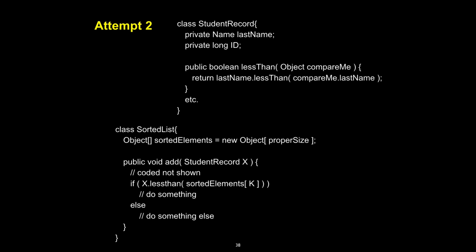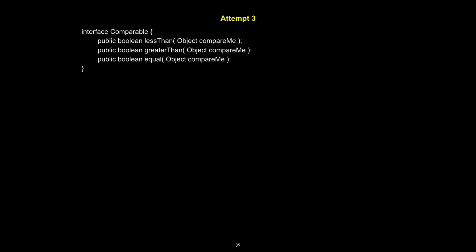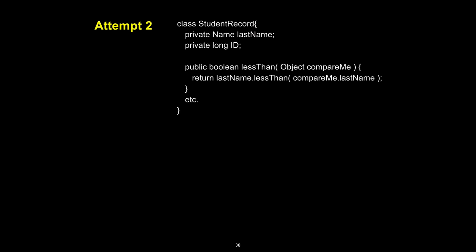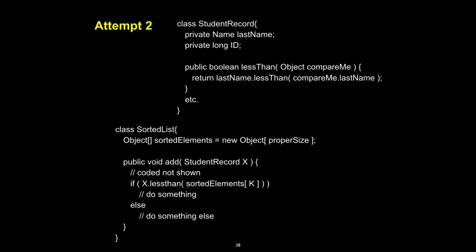We would have to change that less than method on the class, and that can be a mess. But also, we're still coupled to the explicit class of student record.